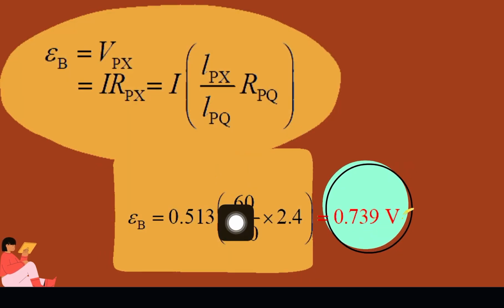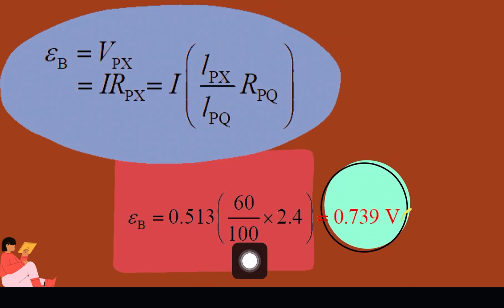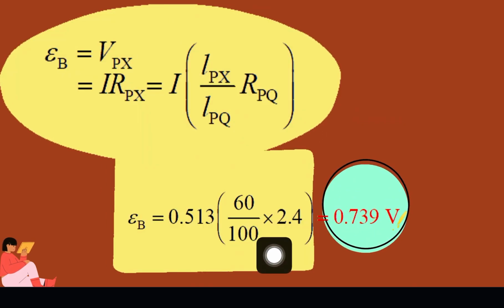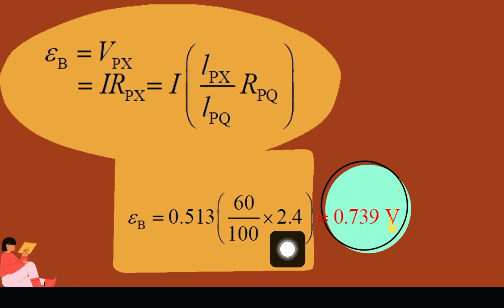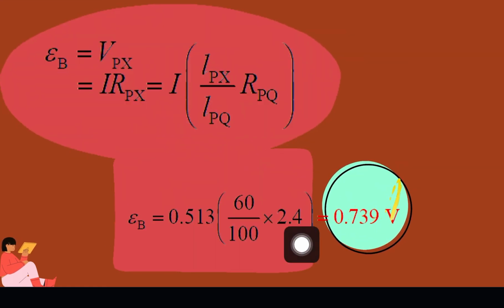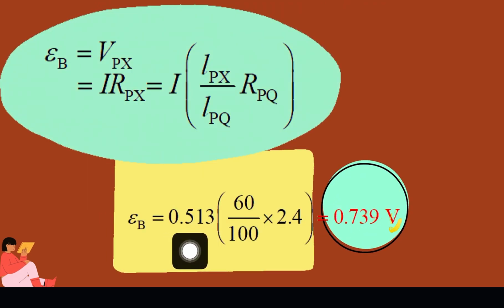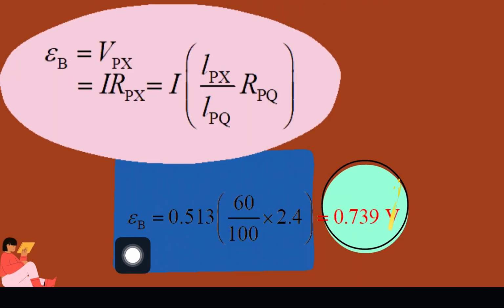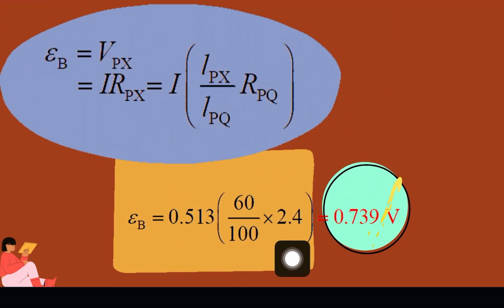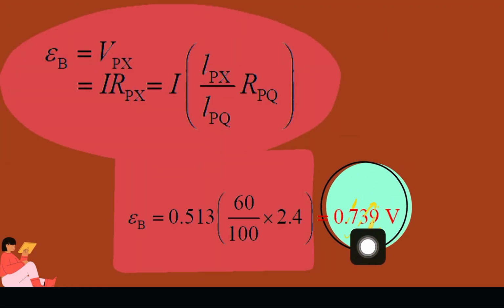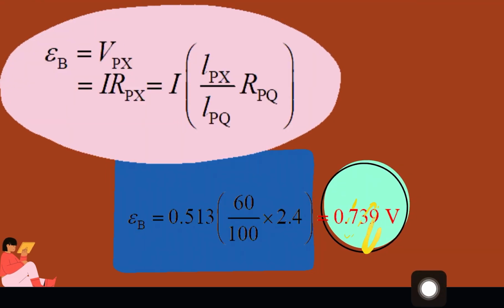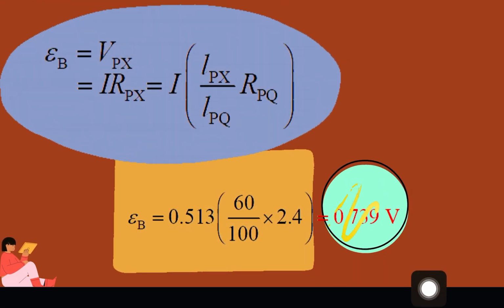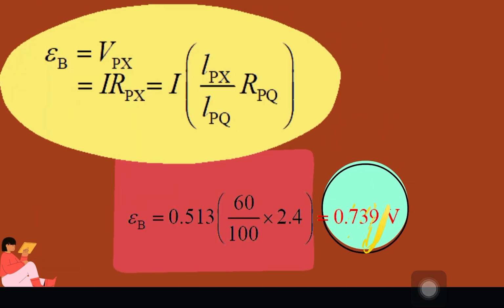Since we have LPX equals to 60 cm and LPQ equals to 100 cm, and given that RPQ is equals to 2.4 ohm. So this EB finally equals to 0.739 volt. Okay, we get 0.739 volt.